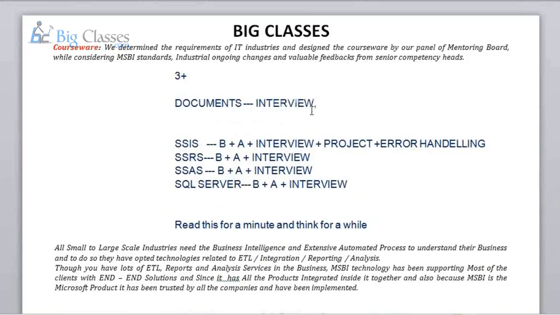Also, you will be seeing different documents from my side, which will cover all the subject areas. So that means for SQL, you will be getting scripts of SQL. Then you will be getting an SSIS document on how to configure each and every thing in written form, apart from these videos.